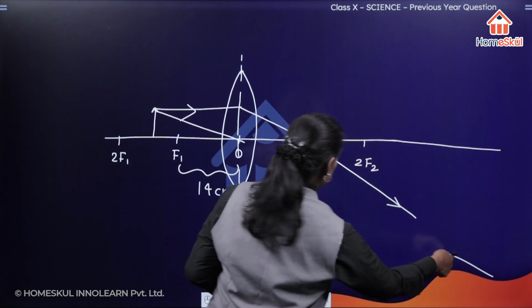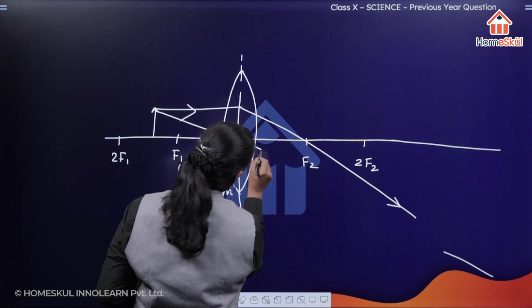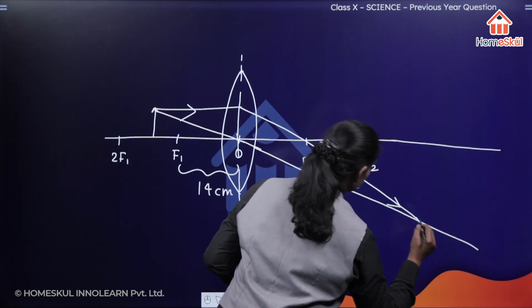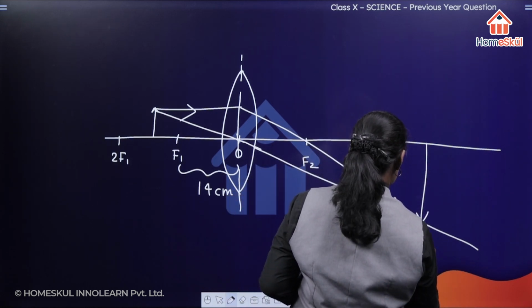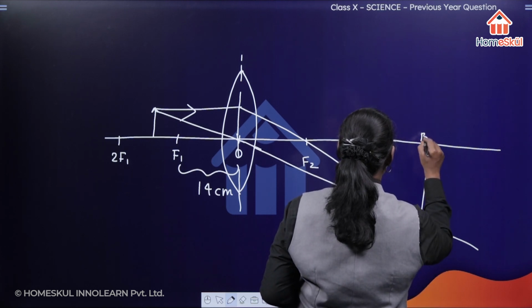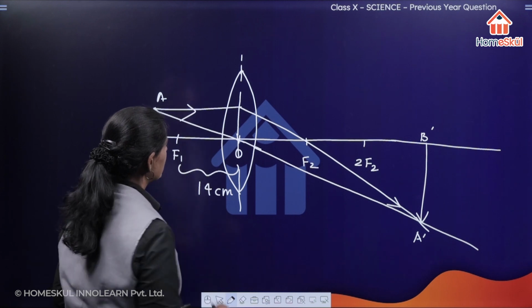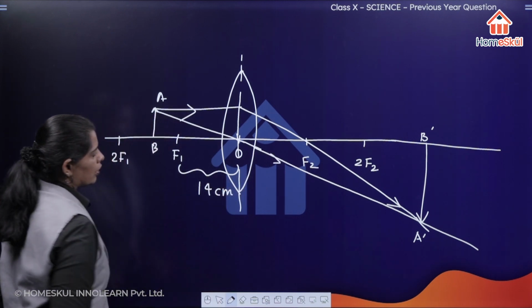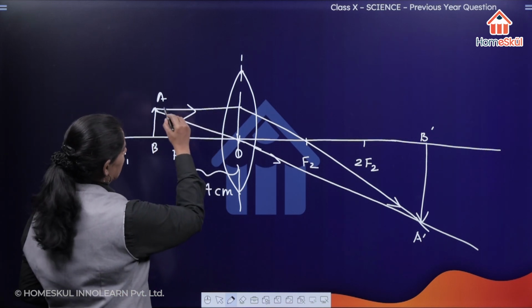Okay, make it much more clear. So, we get the image over here which is inverted, right? And this is our object, right? So, this is the diagram which we get for the convex lens, right? And this is given to be 15 centimeter.